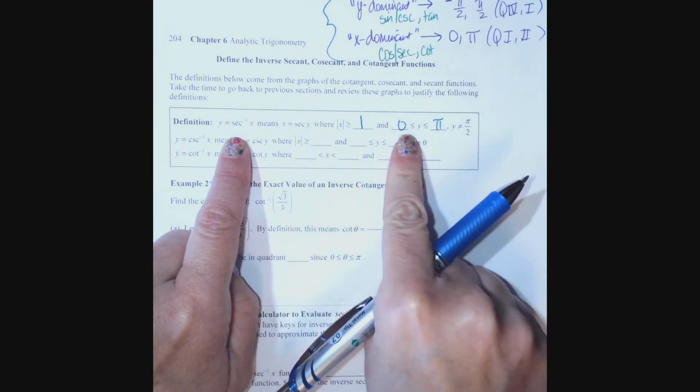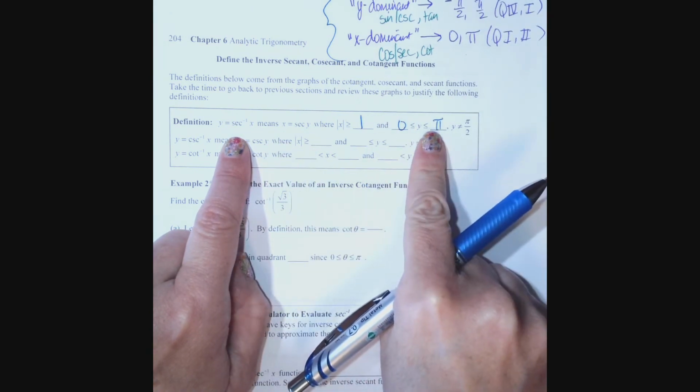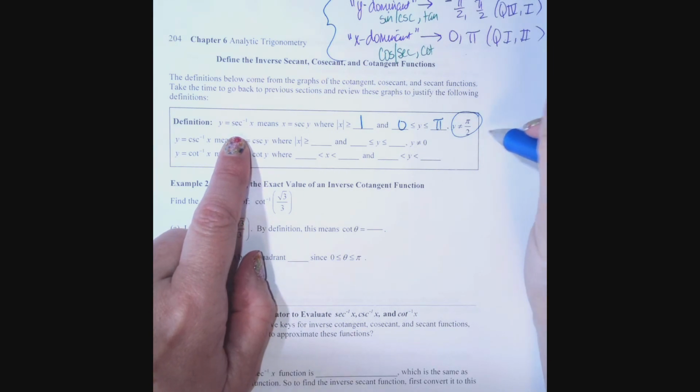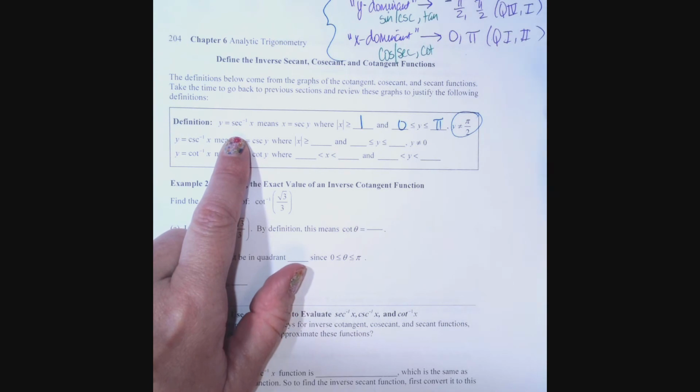Now, secant gets to include those values, but remember that since x is in the denominator, if x is 0, we have a problem. So a secant inverse is not defined at pi half. Pi half is inside here. It's not defined at pi half.